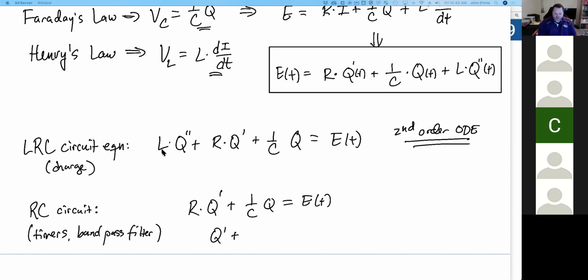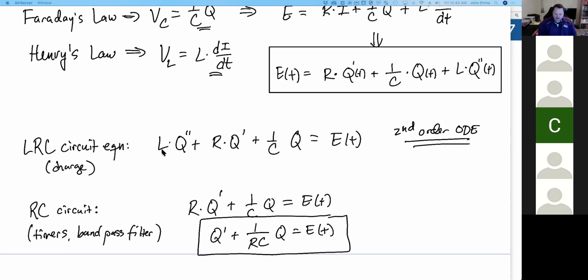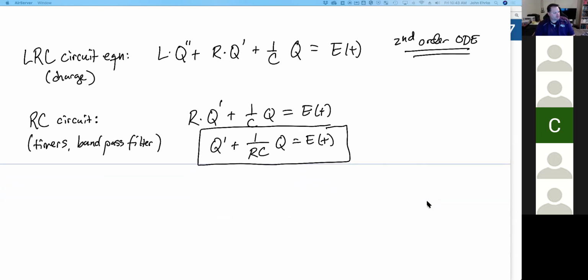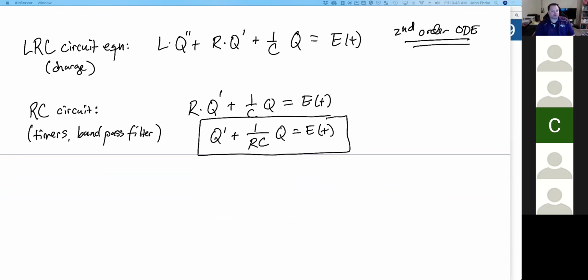Oftentimes people will write it this way, and I think you can see once we write it this way where the designation RC circuit comes from. So that's the most common first order circuit that's out there.